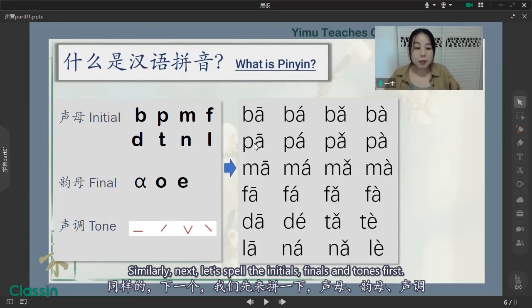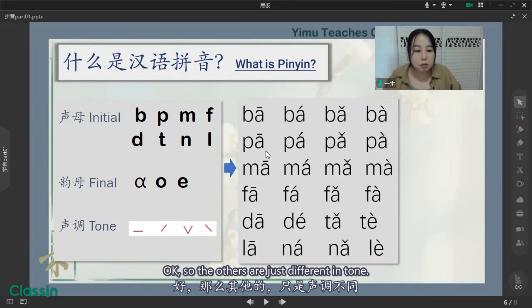Similarly, next, let's spell the initials, finals, and tones. First, initial p, final a, tone, the first tone. P, a, pa.